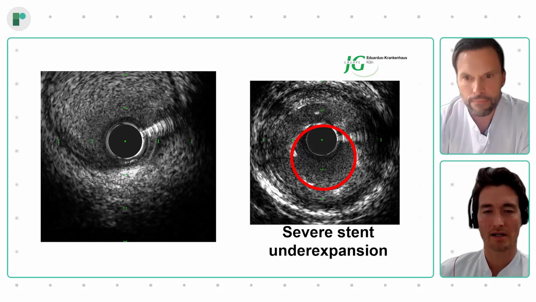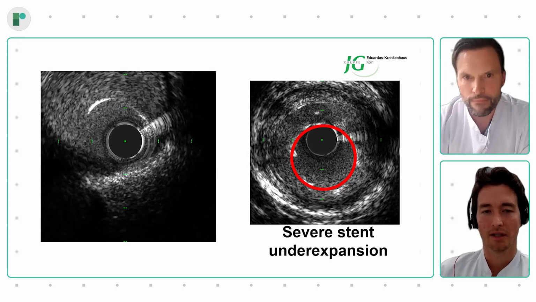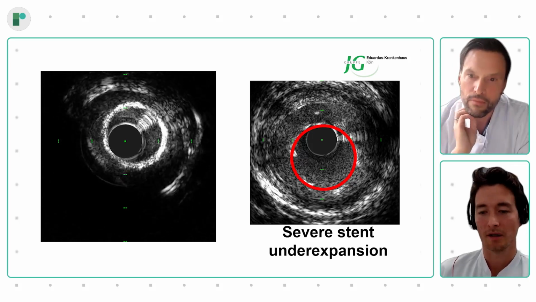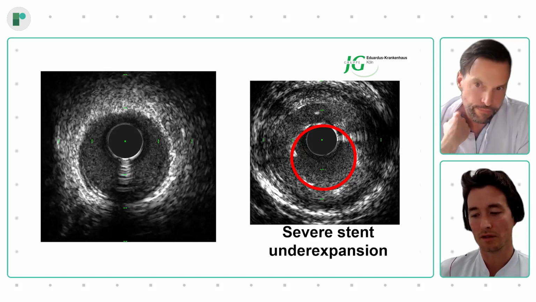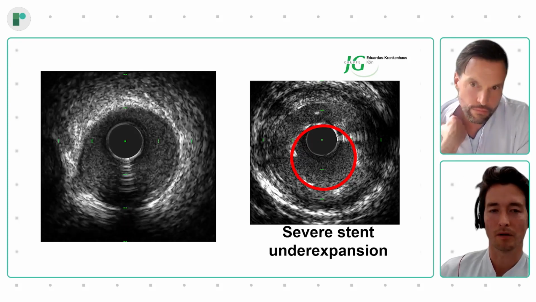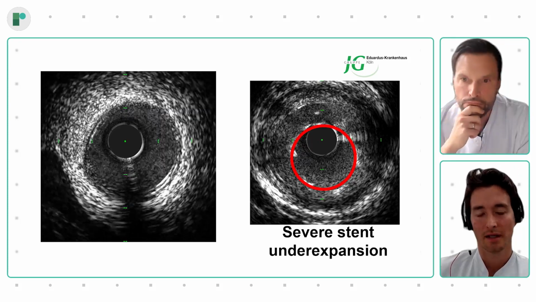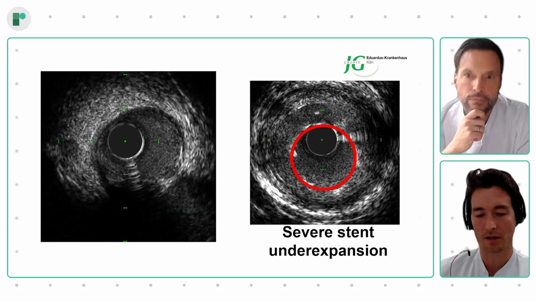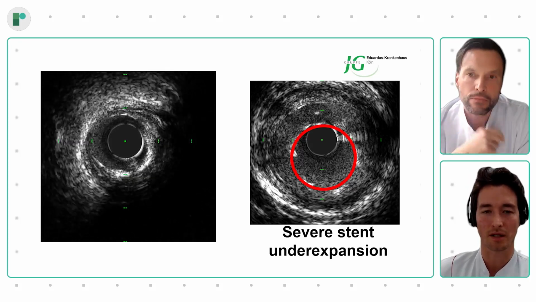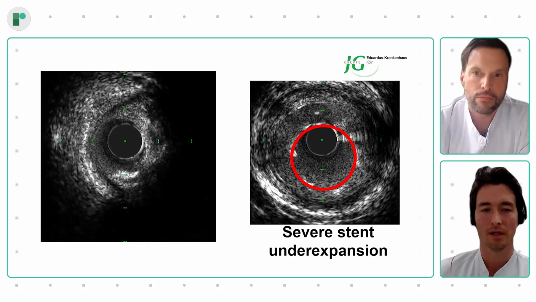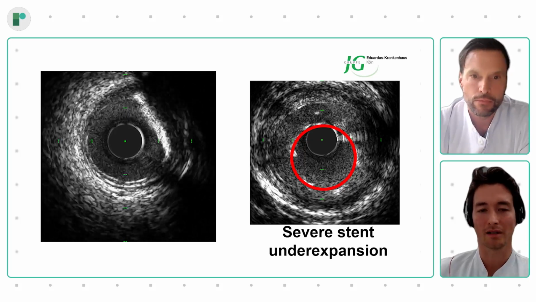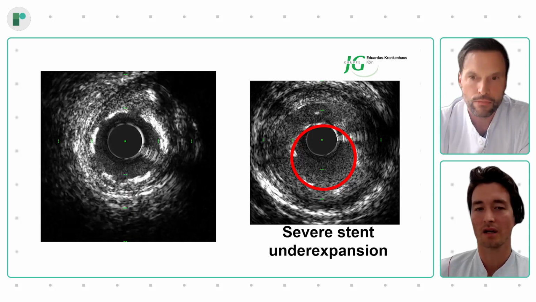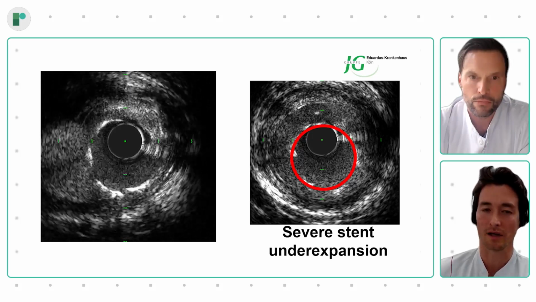And of course, this is a nice example also, I reckon, for a non-complex PCI situation, because it's been recommended that especially in complex situations, you should be considering the use of intravascular imaging. But this is a very nice example showing a non-complex situation, because I suppose that this was not a complex stenosis.